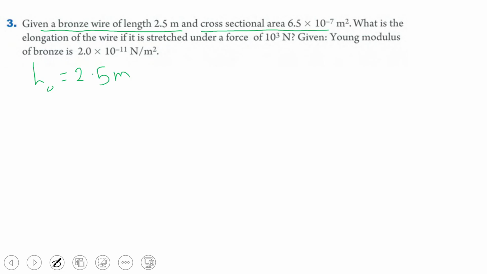The cross-sectional area equals 6.5 times 10 power negative 7 millimeters square. What is the elongation of the wire? So it means find L minus L naught. The elongation of the wire.